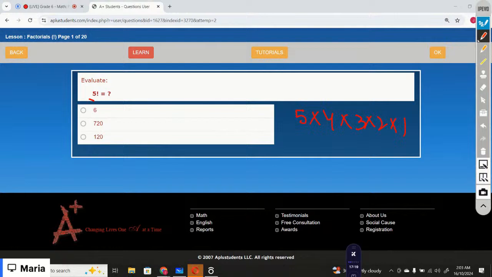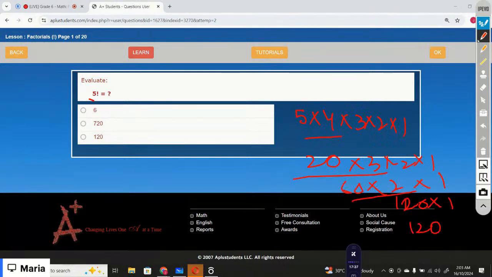So you have to do 5 times 4, 20, then 60. 60 times 2 is 120.